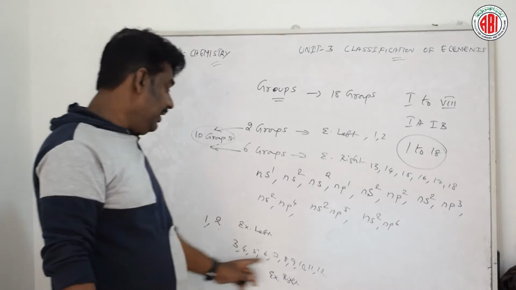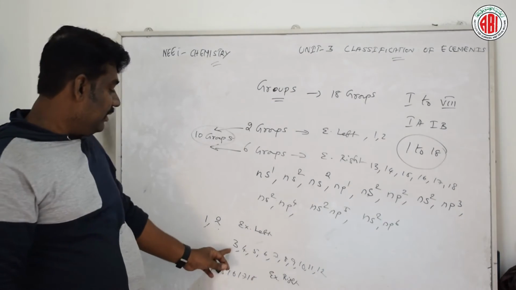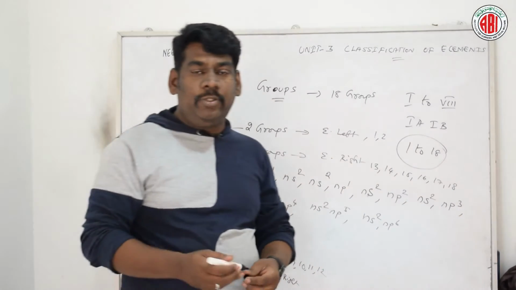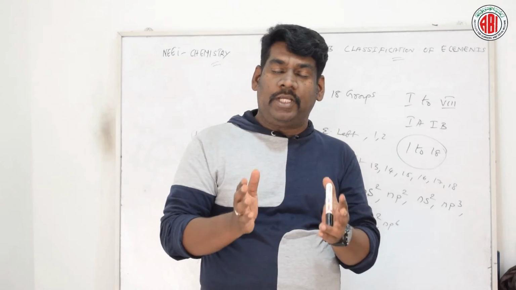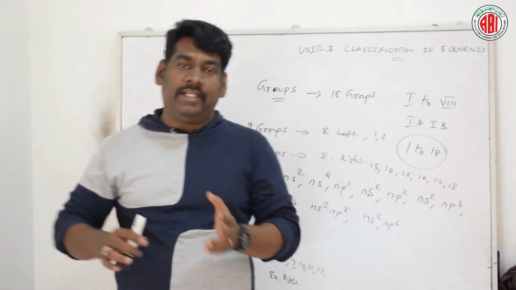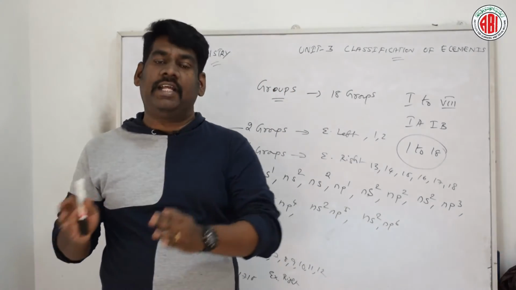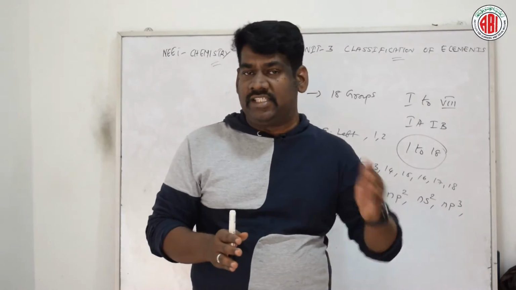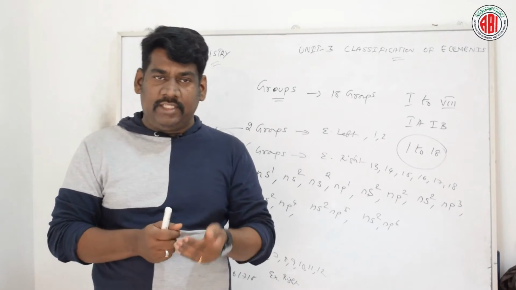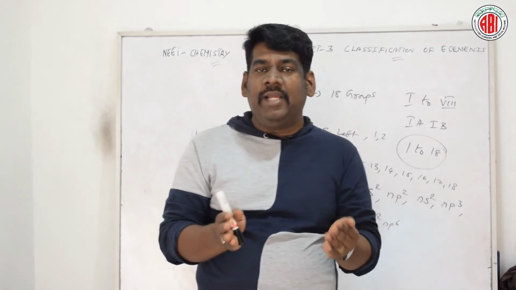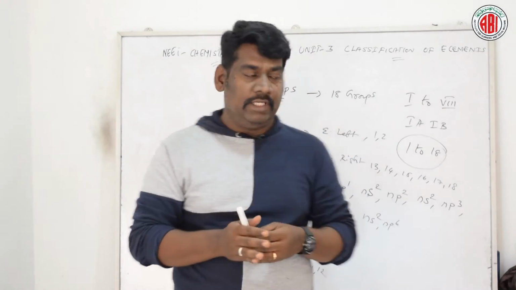So these groups are numbered 3 to 12, and they are placed in between the first 2 at the extreme left and the last 6 at the extreme right. Previously, in the old system, these groups were labeled as B groups.